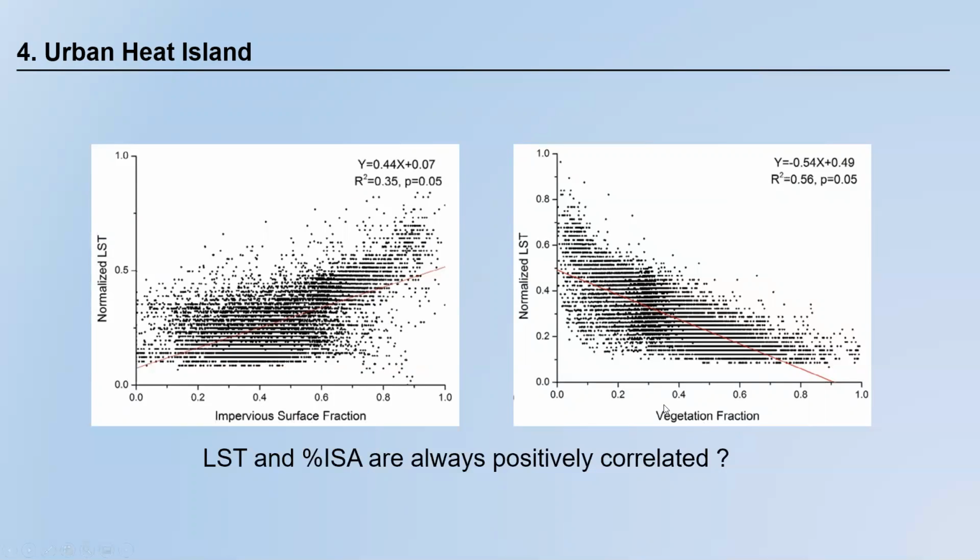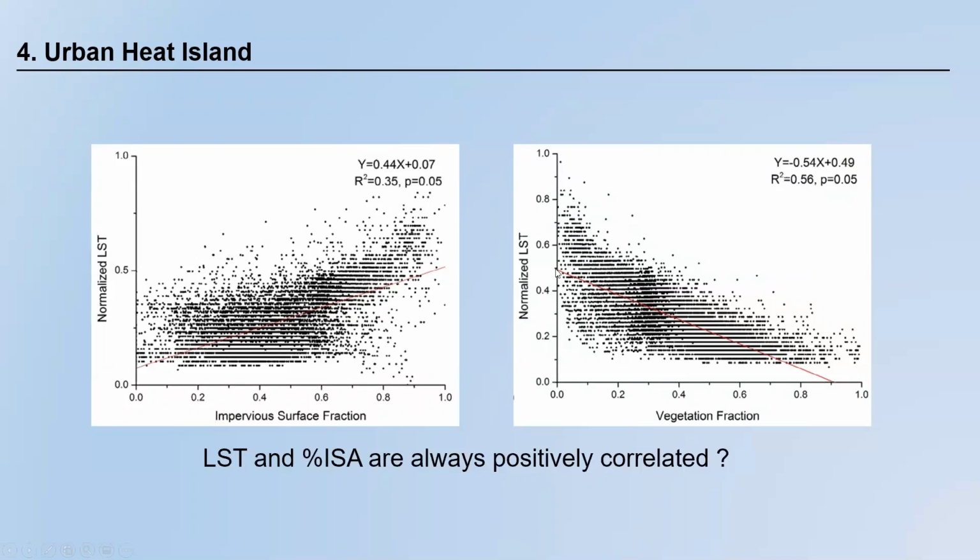On the right side, we have another indicator of UHI, which is vegetation fraction. So the correlation between vegetation fraction and LST is the opposite of the correlation between impervious surface fraction and LST. This time it is negative.